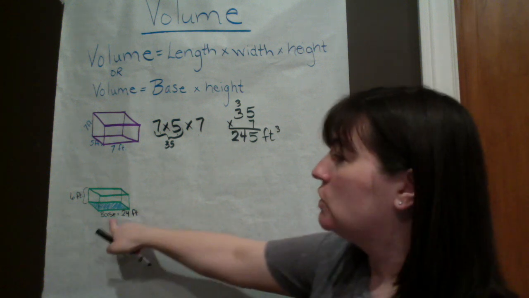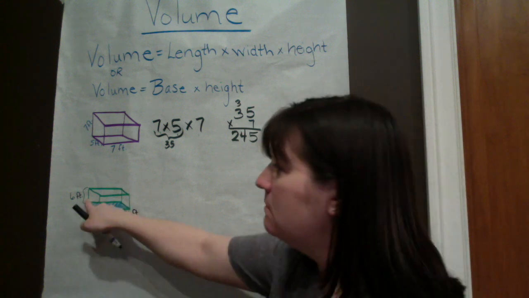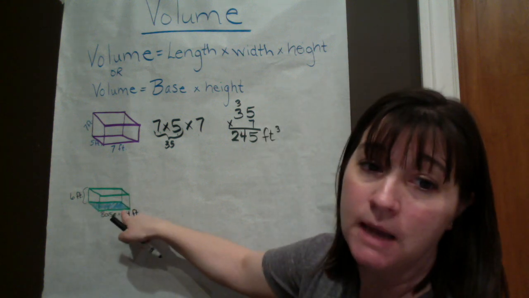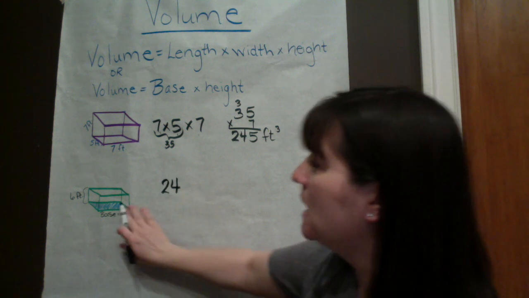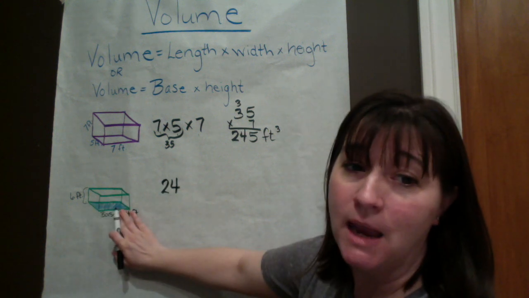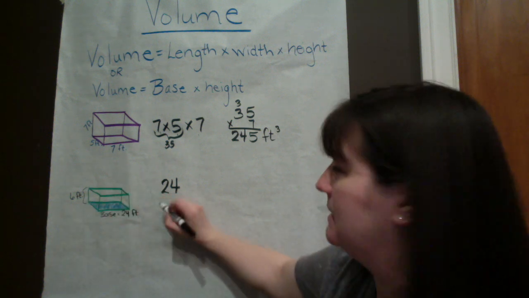Okay, so down here, this one, I already know the base. I already multiplied my length times width and got 24. So since I already know this whole bottom area, I just have to multiply it times my height, which is 6.